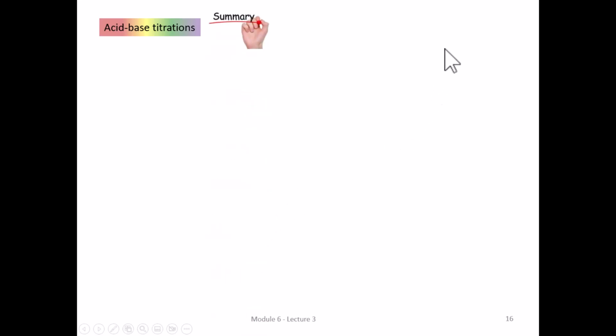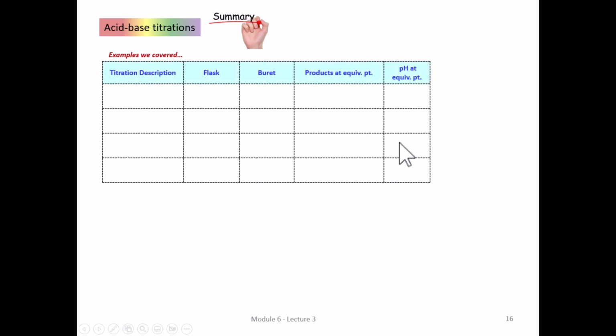So let's summarize our 4 examples in part 1 and part 2 of the lecture, our 4 titrations. Here are the examples we covered. These aren't necessarily in order of example 1, 2, 3, and 4. I reorganized them to do some interesting comparisons.